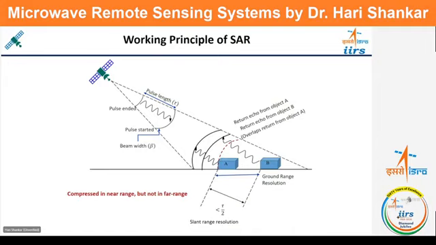So now this is the working principle of the SAR, that is, the synthetic aperture radar. Here you can see this is the radar, especially the space-borne radar, and this is the Earth surface. Now here you can see two targets, target A and target B, and the signal is transmitted from here.